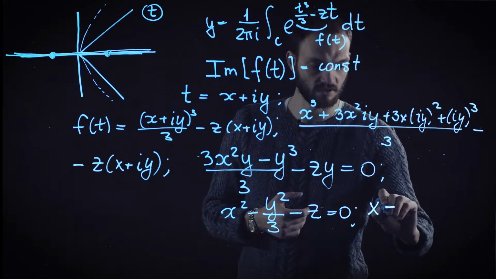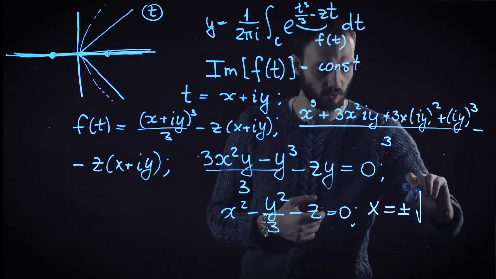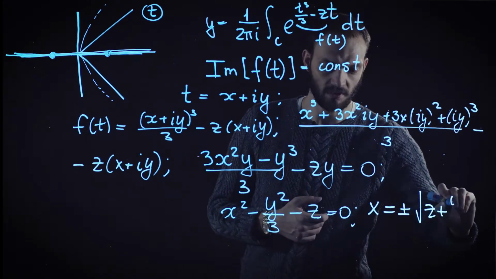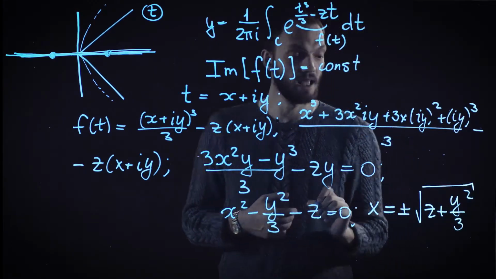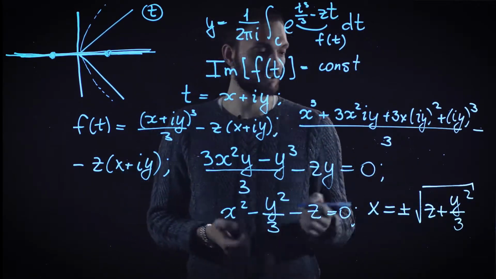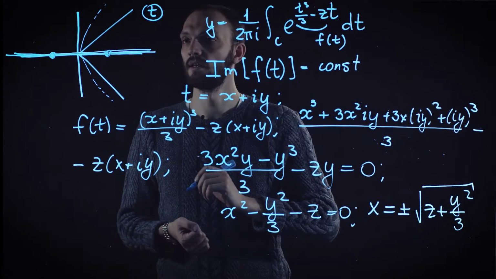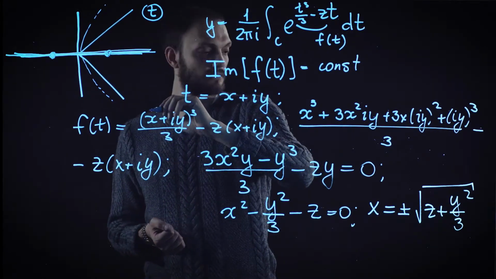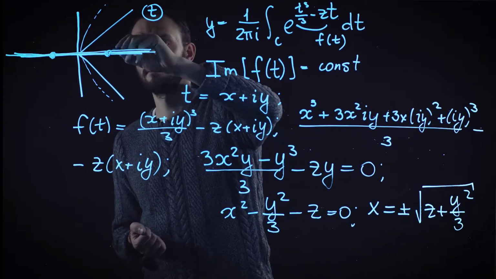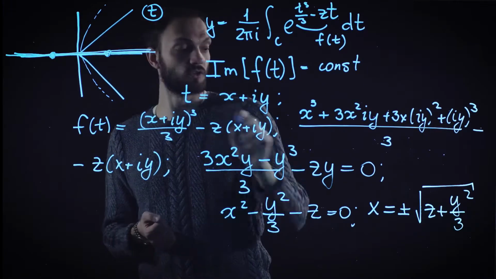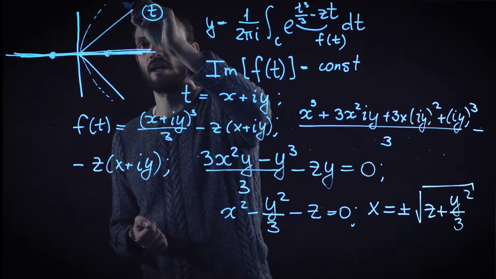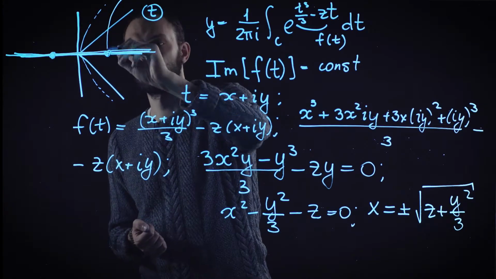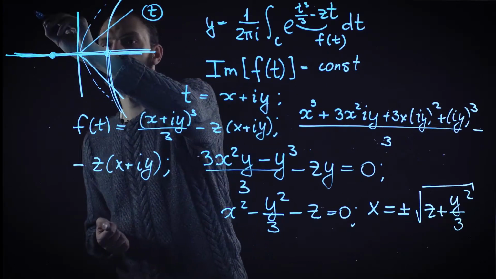And x equals plus or minus the square root of z plus y squared over 3. And we can easily draw these curves on the complex plane. And they go like this. Each of them, plus or minus, passes through the corresponding saddle point. And one of them goes like this, and another goes like this.